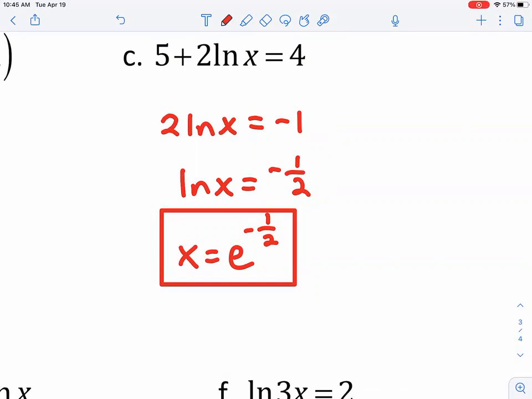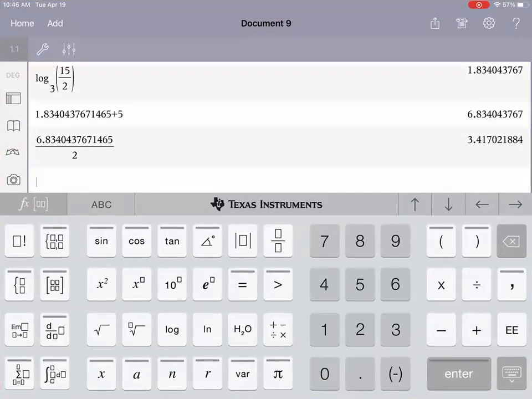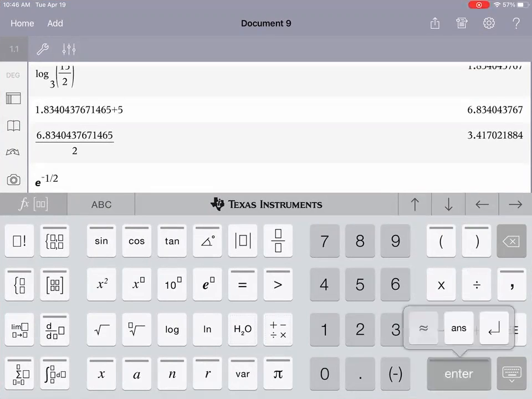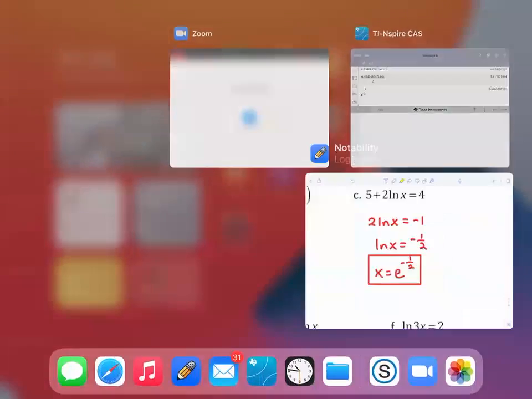When you do your homework, it'll ask for either an exact or approximate. Remember, this is not a negative number though. e to the -1/2 means 1 over the square root of e, so it's still going to be positive. And we can check that too. So e to the -1/2, if I wanted to check that in my calculator, e to the -1/2. Okay, it is of course a positive number, which is okay in our solution set.